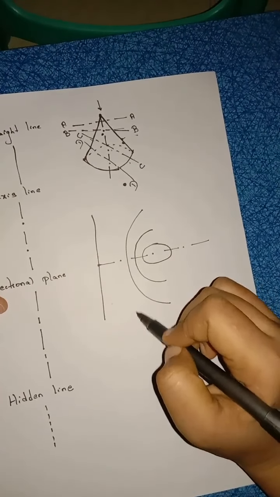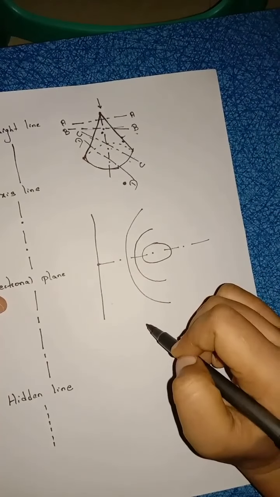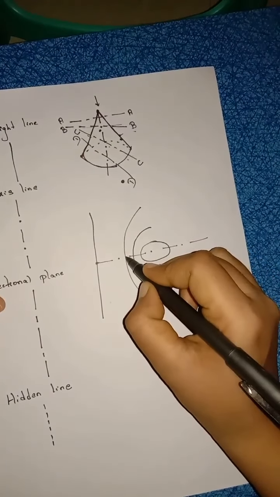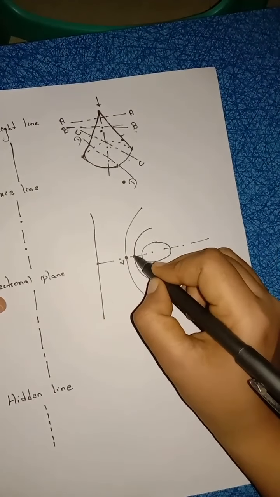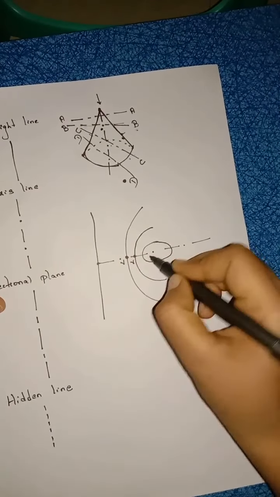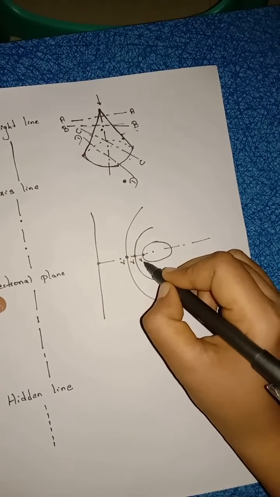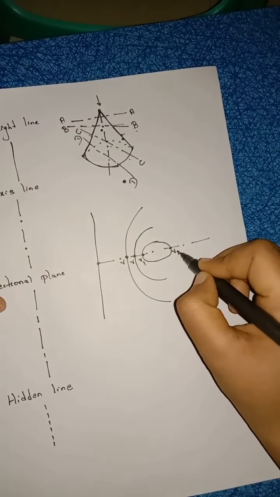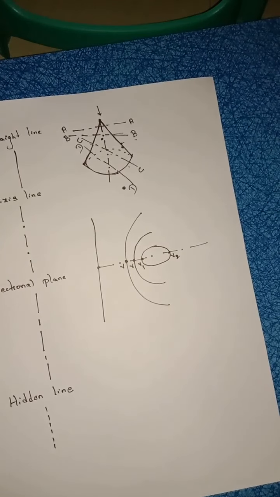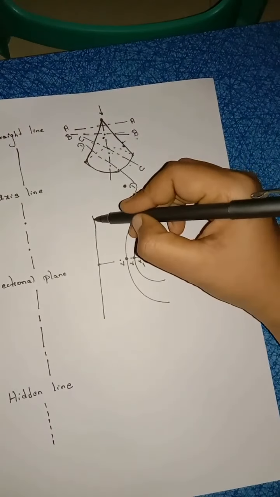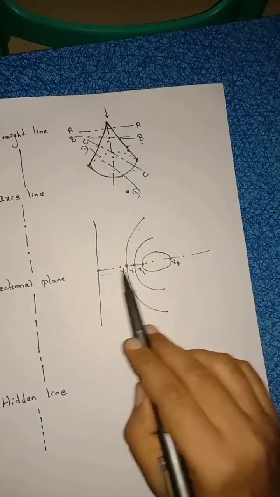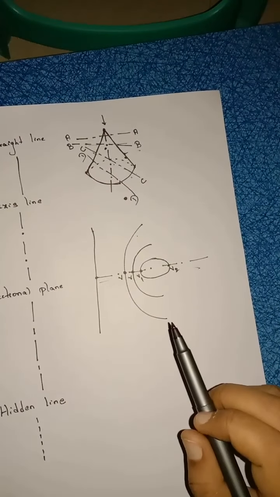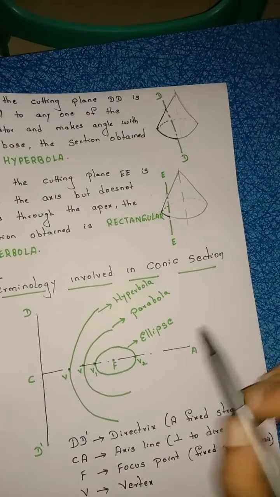The starting point of the hyperbola I call the vertex, and this is the starting point of the ellipse, and this is the ending point of the ellipse, called vertices, right? So this is directrix, ellipse, parabola, hyperbola, axis line, vertices. So that's what I mentioned here.